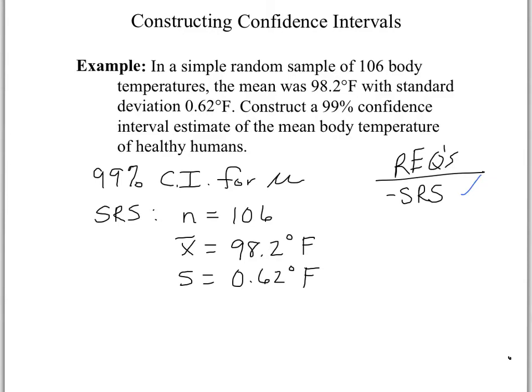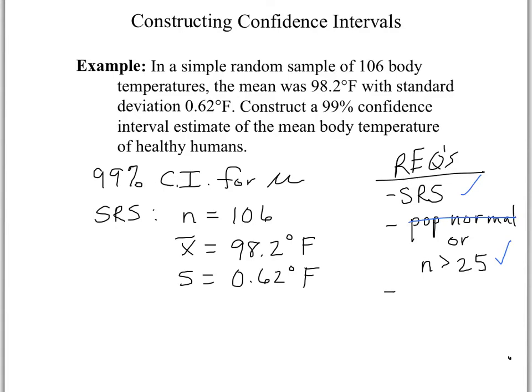And the next requirement for a confidence interval would be either the population is normal, meaning the original population of body temperatures is normal. We weren't told that, so that one we didn't have in play. But n has to be bigger than 25, so we could have one of these two in play. The population wasn't normal, but n was 106, which is definitely bigger than 25.